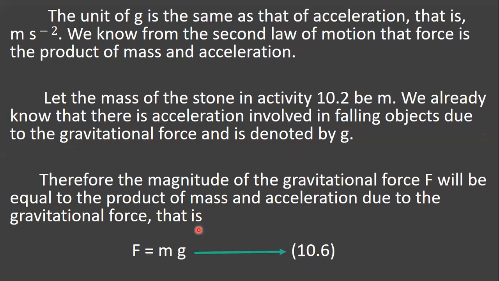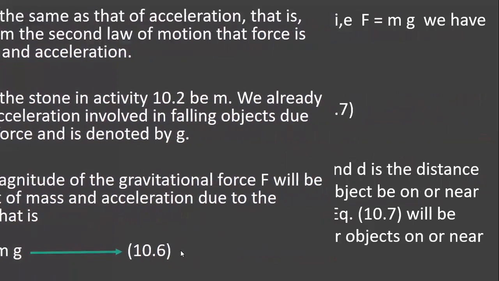Therefore here the magnitude of the gravitational force F will be equal to the product of the mass and the acceleration due to the gravitational force. That is here F equals m, and the acceleration a is replaced by the acceleration due to gravity, that is g. Therefore we will get F equals m into g.